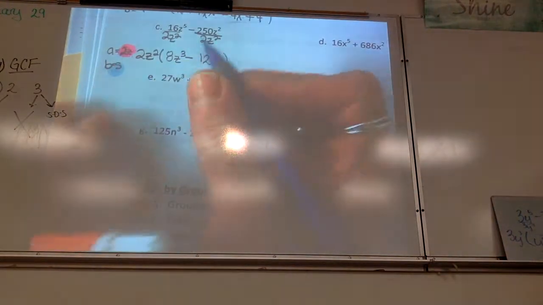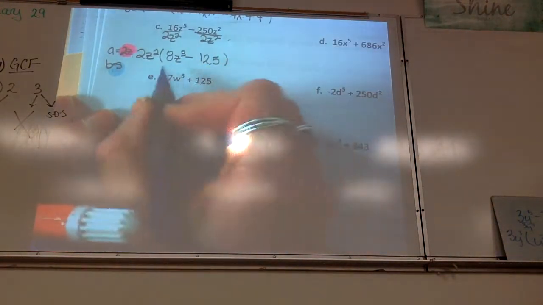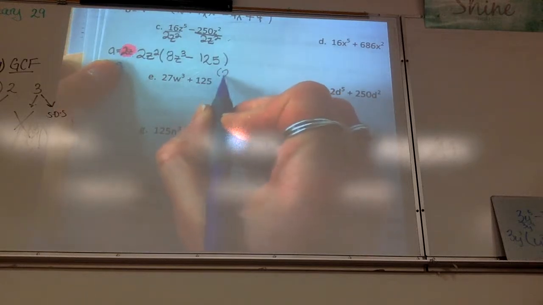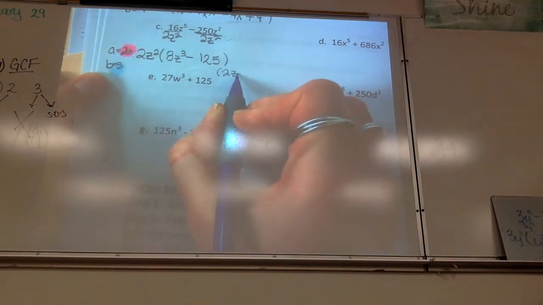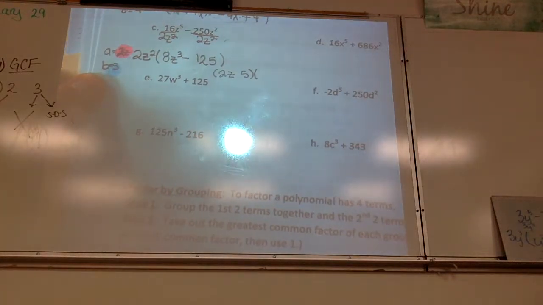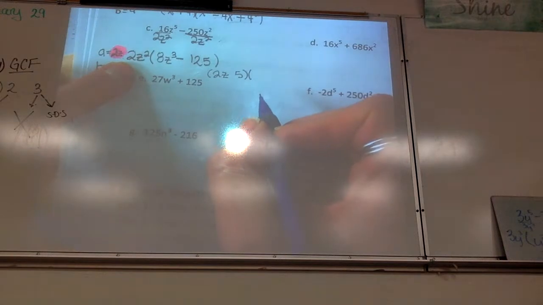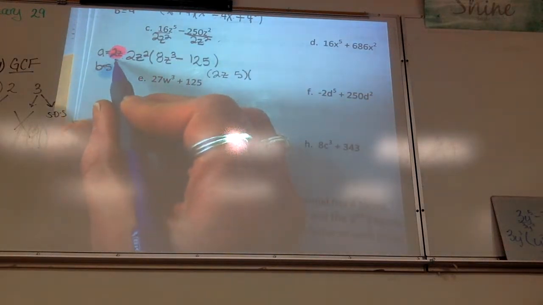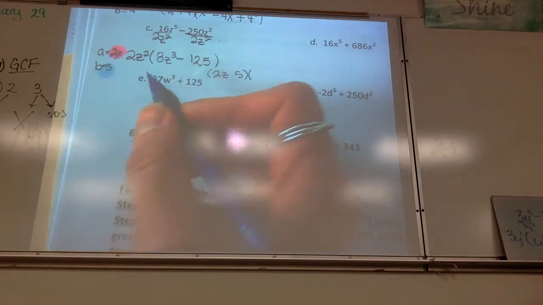Okay, so the pattern goes, and you can obviously follow along. So it goes A, then B, then A squared. How do you get 2Z to be squared? What's 2 times 2?